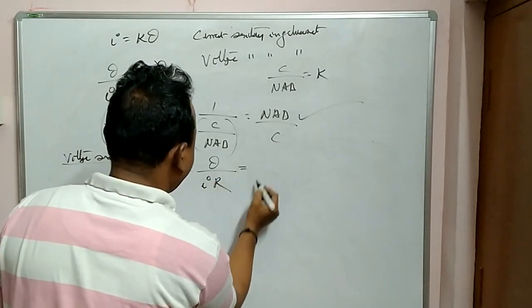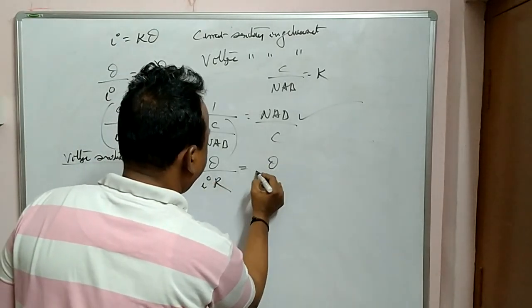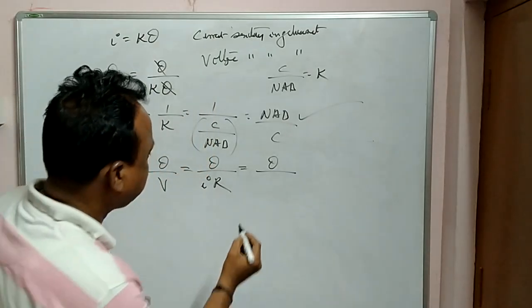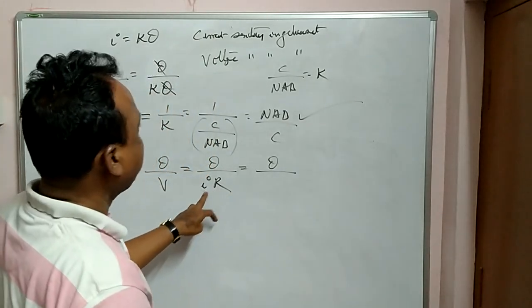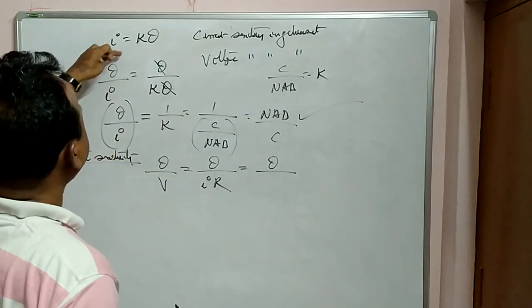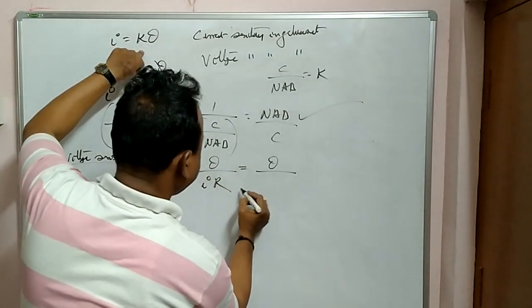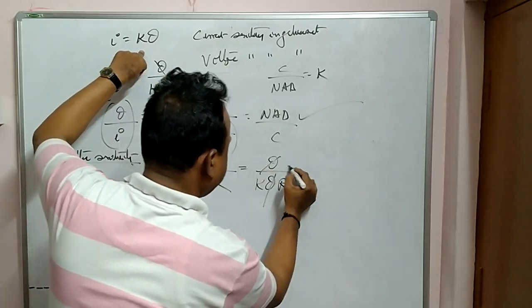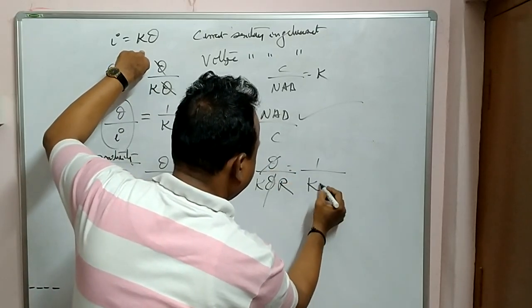So this I can write as theta by, and I here is K theta. So I is equal to K theta into R, theta cancels, giving 1 by KR.